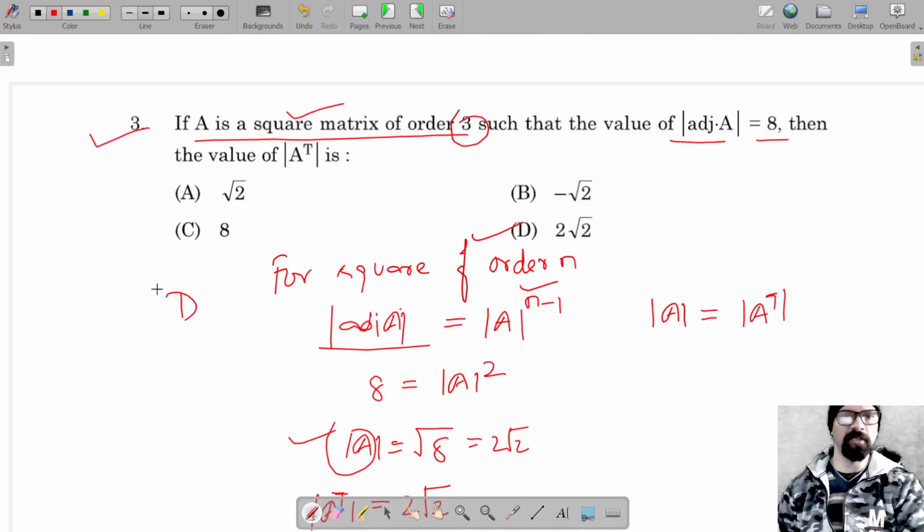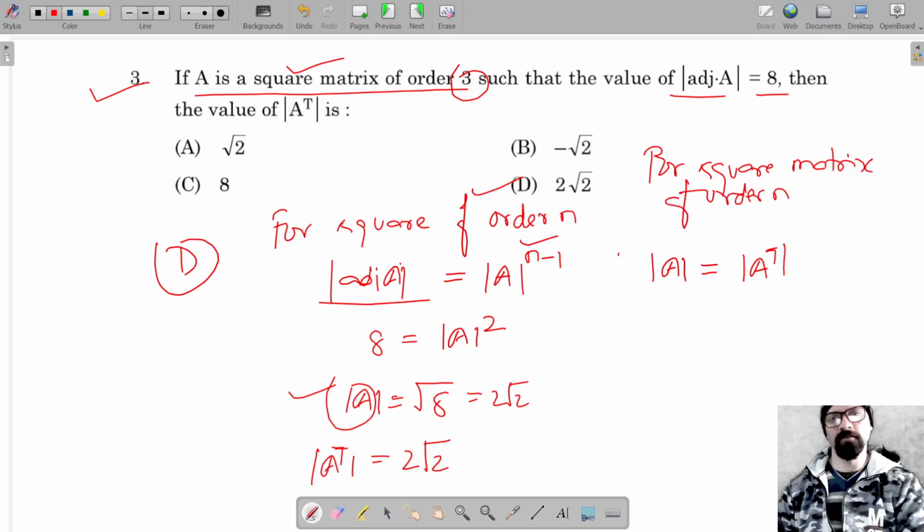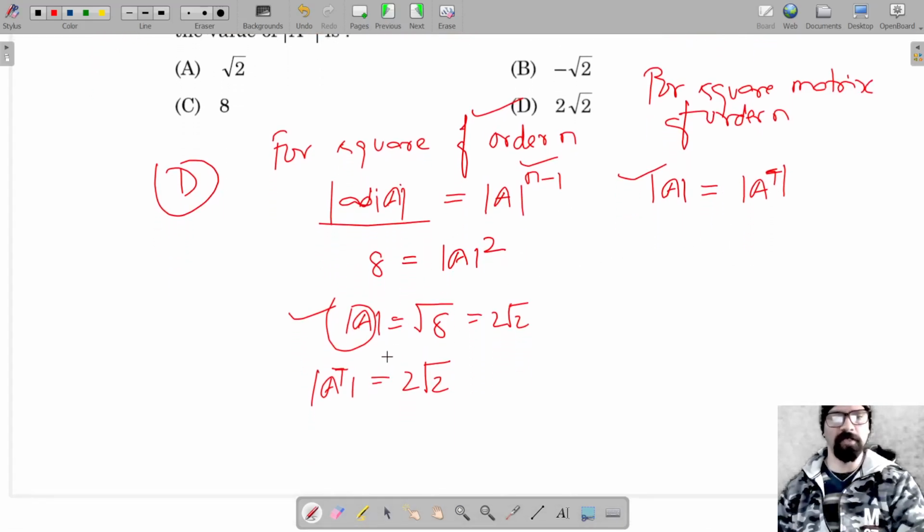So D is the correct option, because for a square matrix of order n, the determinant of the square matrix is equal to the determinant of the transpose of the square matrix.